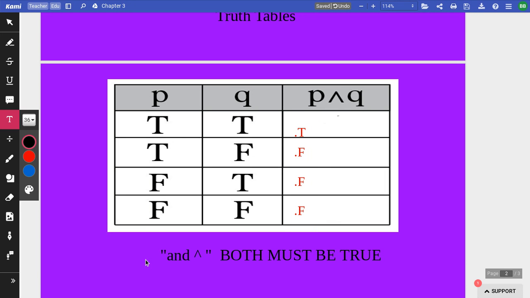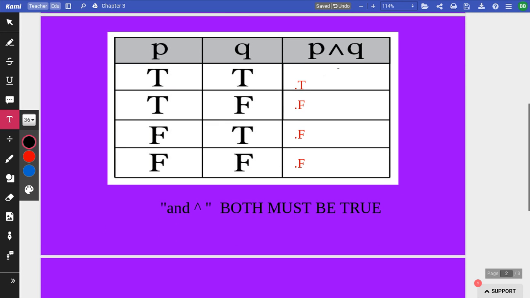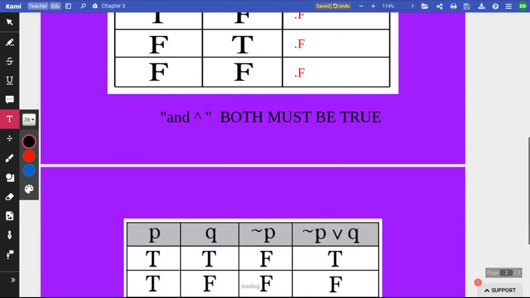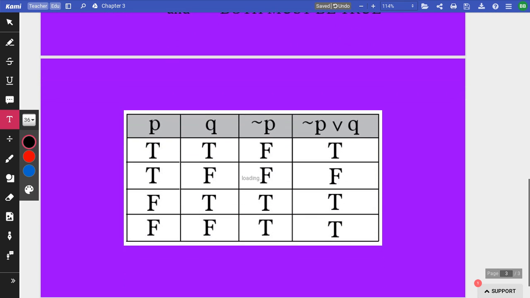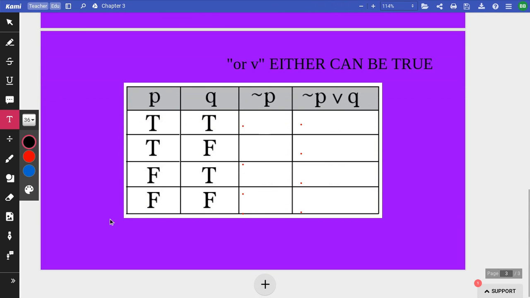So just to review again, for the and, for the logic table, the truth table, both of these must be true to result in a true statement. Now let's try something a little bit more challenging, but we can do this, not a problem.